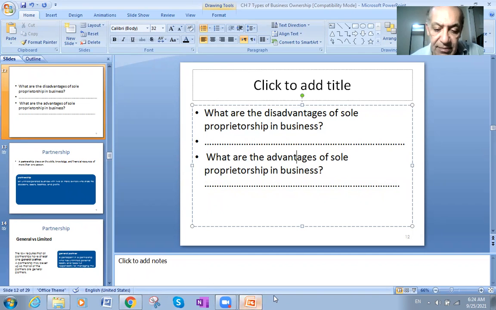Okay. Thank you. Please go on the answers of the three questions. What is the sole proprietorship? What are the advantages of sole proprietorship? And what are the disadvantages of sole proprietorship? The questions, you will find under business types, question 1, business types, question 2, business types, question 3 in the D2L.